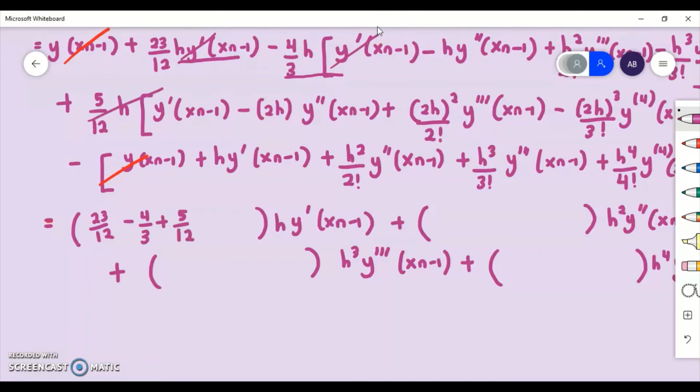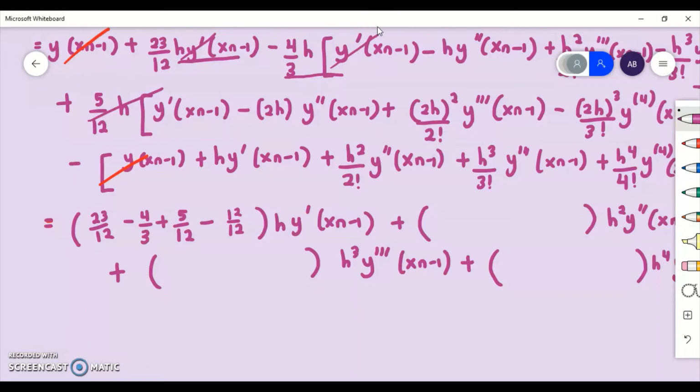And lastly, negative 1. I'm going to write it as negative 12 over 12, which is negative 1. Okay, so that's the h y prime term.